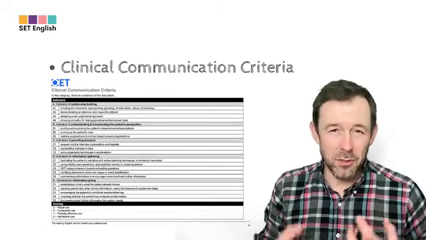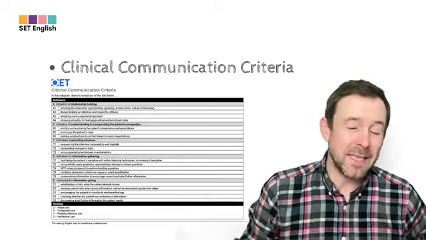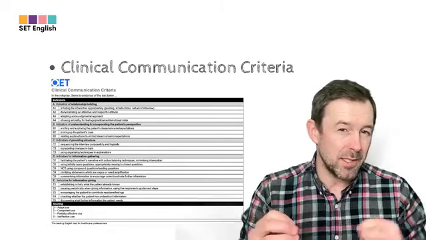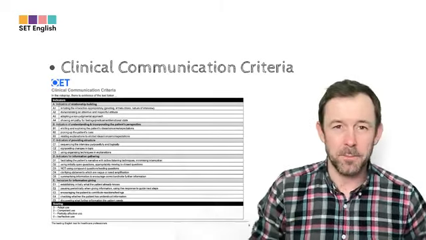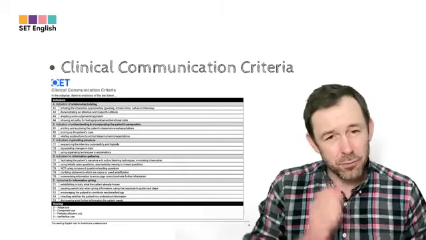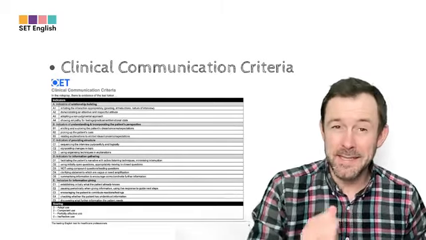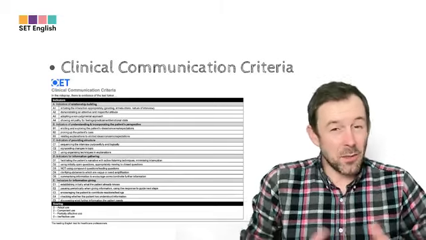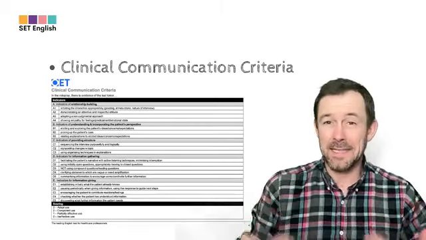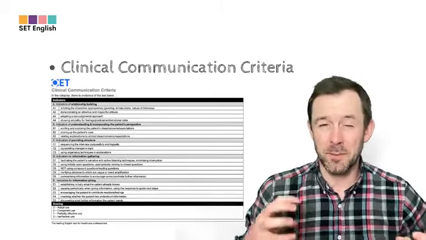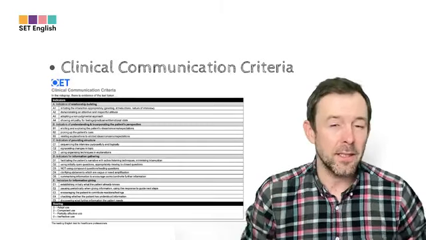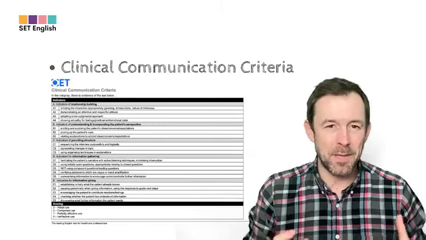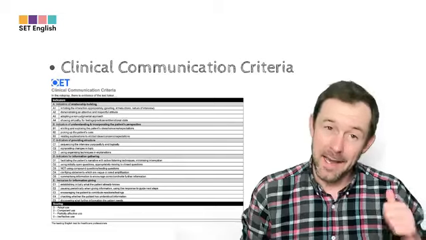And what you have to try and do is show examples of those different indicators. That's what they call them. So it's really important to learn what these indicators are. If you don't know what they are, then there's a good chance that you won't satisfy the examiners. And the examiners are going to be listening to your recording of your conversation and examining according to this list and the linguistic criteria.